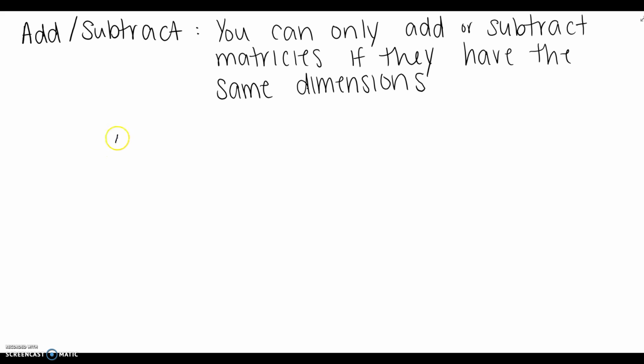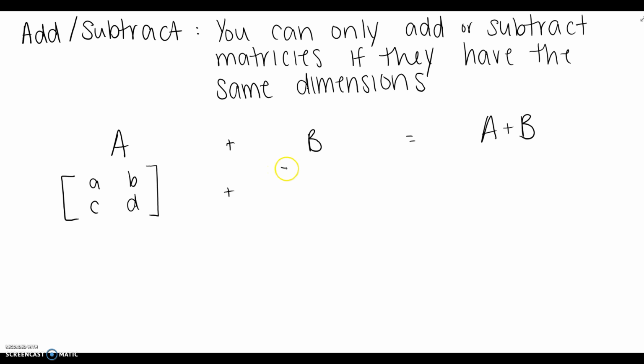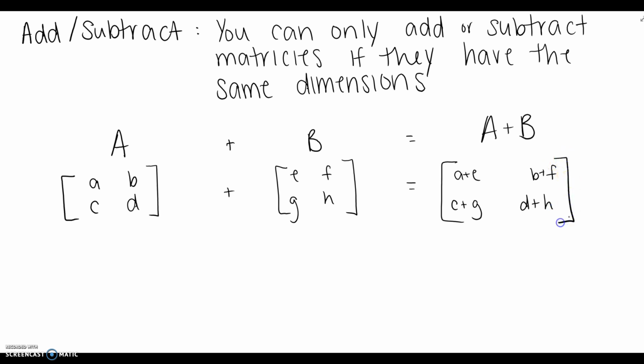So, for example, if you have matrix A plus matrix B, let's generalize it, so A, B, C, D, plus matrix B, which is going to be E, F, G, H, and that's going to be equivalent to A plus E, B plus F, C plus G, and D plus H. So you just add the corresponding elements together, and subtraction is going to work the exact same way.